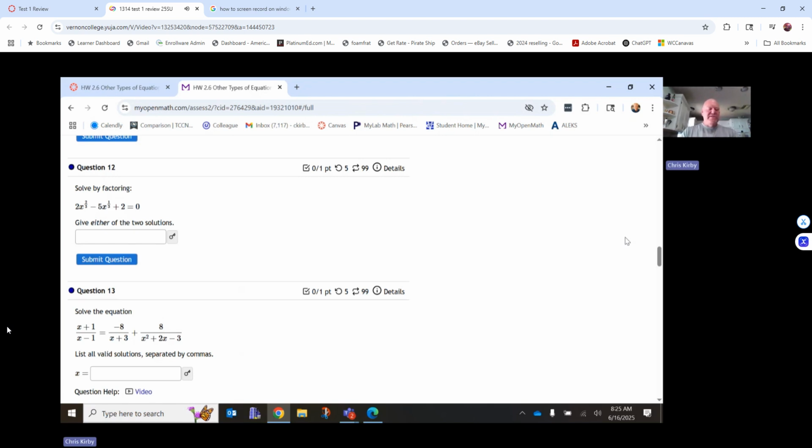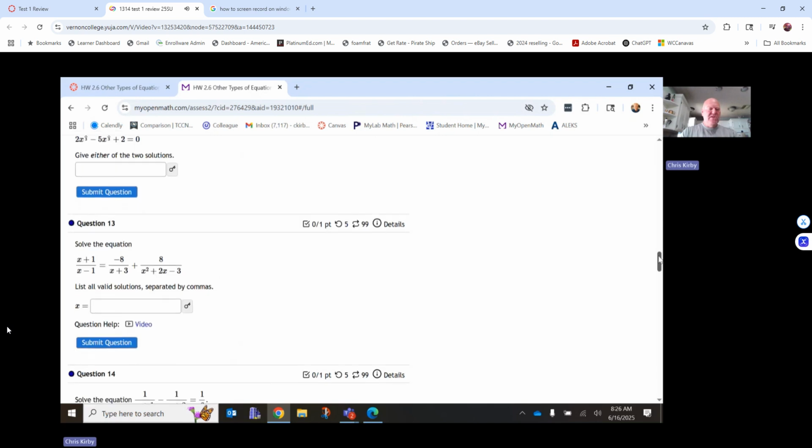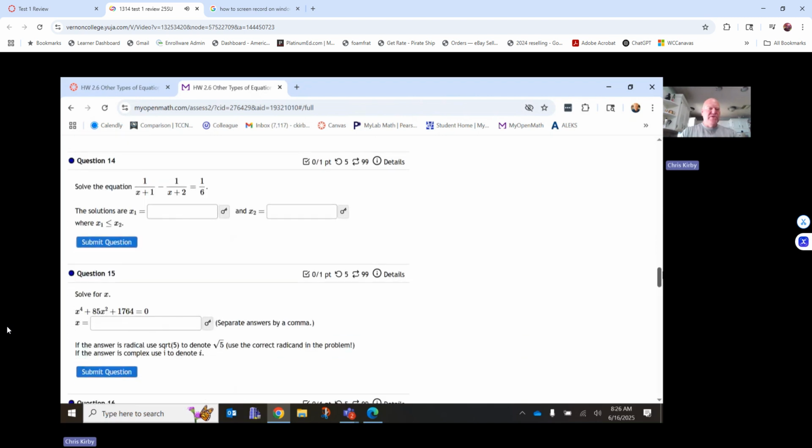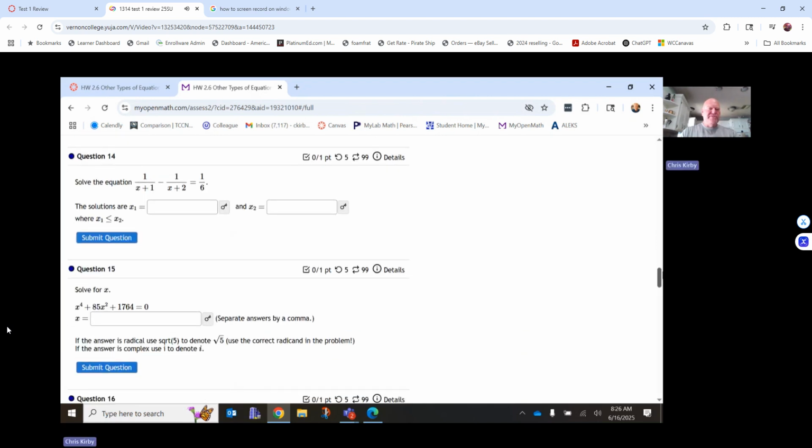We talked about it in section 2.6, but those questions will not be on the test. So really 6 through 12. That's 7 questions, 6 through 12, that will not be on the test. And then also questions 14 and 15 will not be on the test.